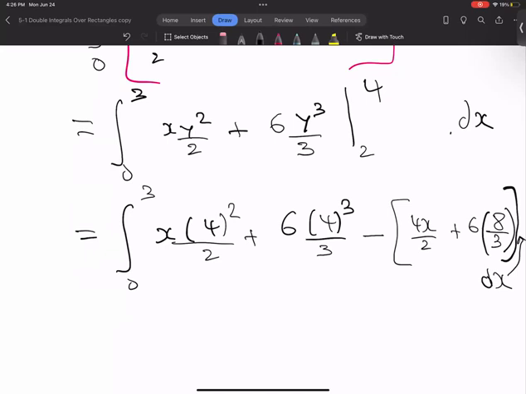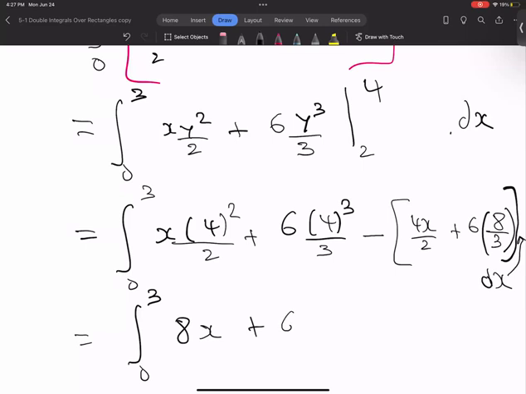So I got 4 times 4, 16 divided by 2 is 8, so the integral between 0 and 3 of 8x. 4 times 4 is 16, times 4 is 64, times 6 divided by 3.